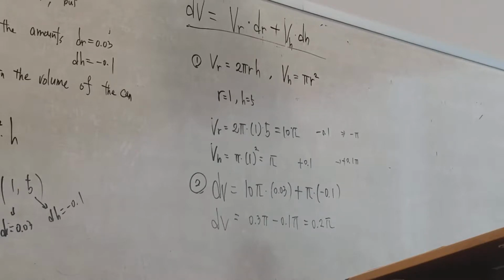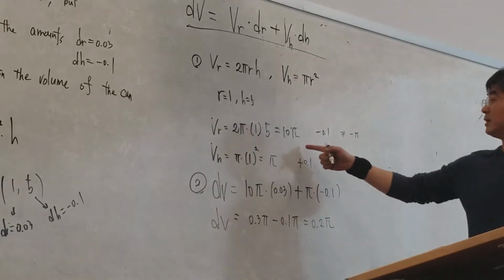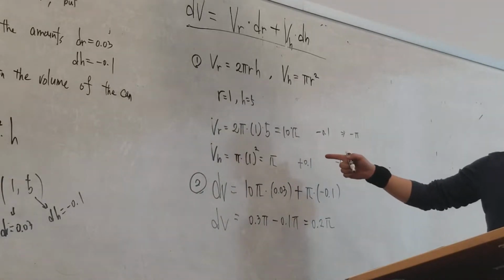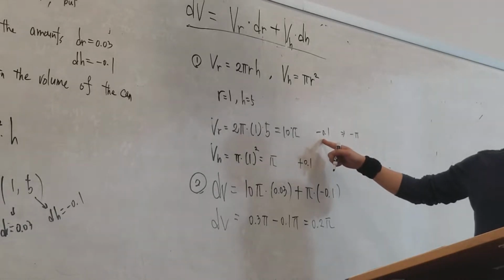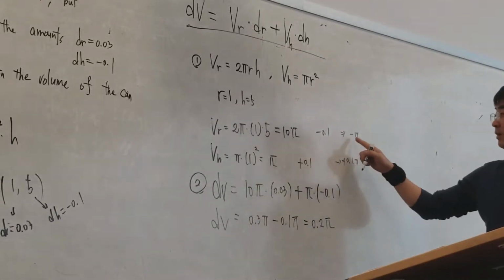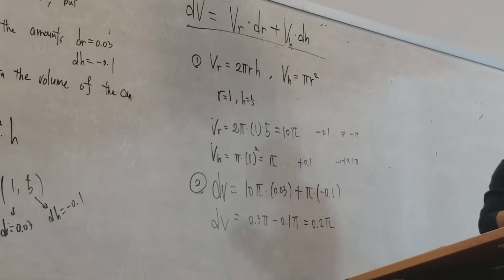So then how can they keep almost the same volume but make it a taller can? Is that possible? Yes, it is possible by choosing, for example, here, I reduce the radius by 0.1. But we have a minus pi, so I like to compensate.